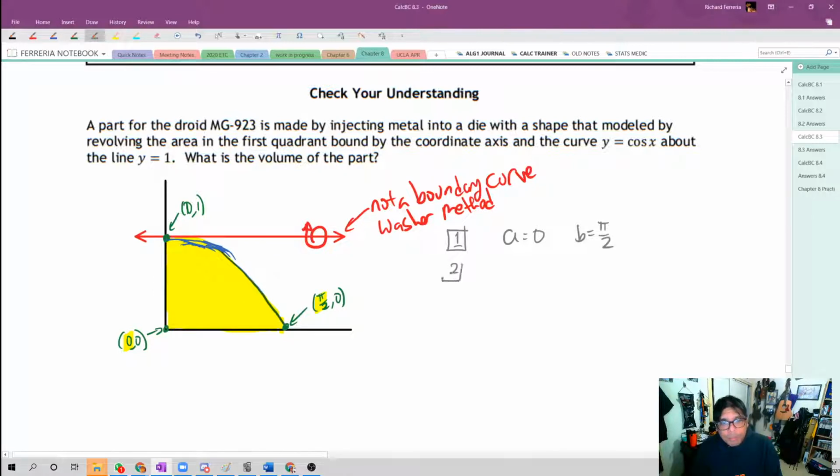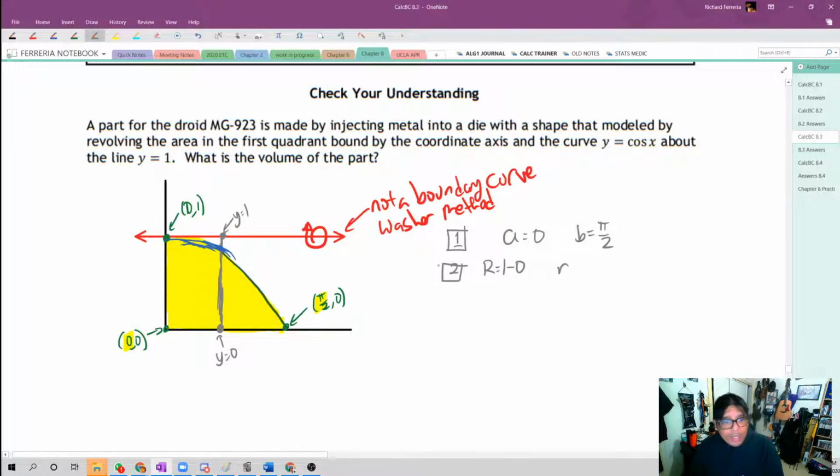Step 2, we should look at our radii. So our big radius is going to be from the axis of rotation to the furthest point from it, which is right over here. The y-coordinate here is equal to 1. The y-coordinate here is always equal to 0. So the big radius is going to be equal to 1 minus 0.